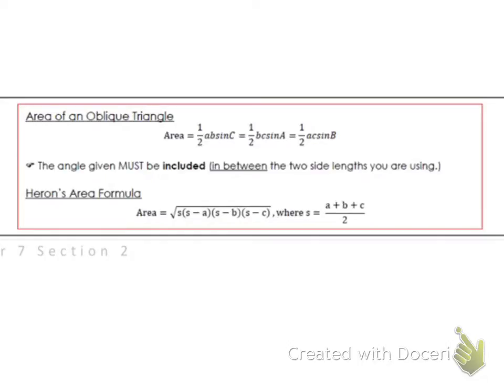Now I put two formulas down. I put two formulas down because you are going to use that top one if you have side, angle, side. So this guy is if you have side, angle, side.